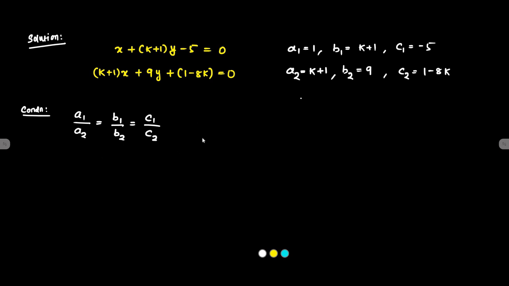Now here a1 by a2 is 1 by k plus 1, b1 by b2 is k plus 1 by 9, c1 by c2 is minus 5 by 1 minus 8k.